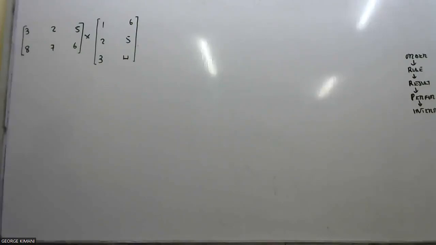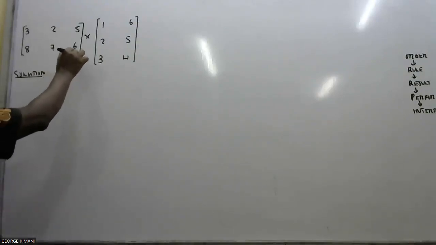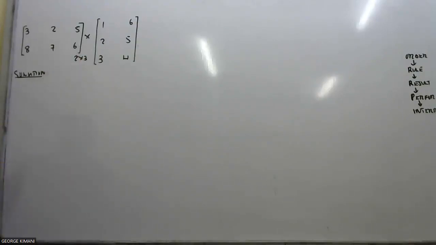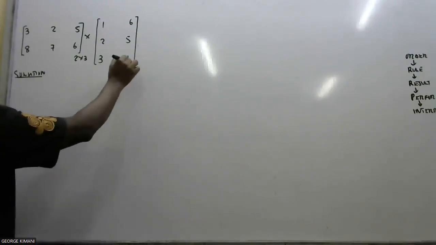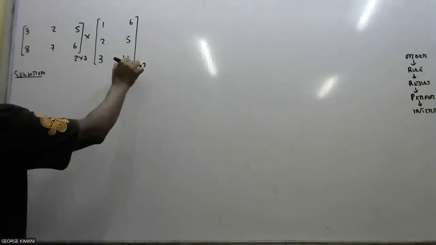So as usual, when you come to the solution, you first of all check the order of the matrix. The order is a 2 by 3. And this one is a 3 by 2.